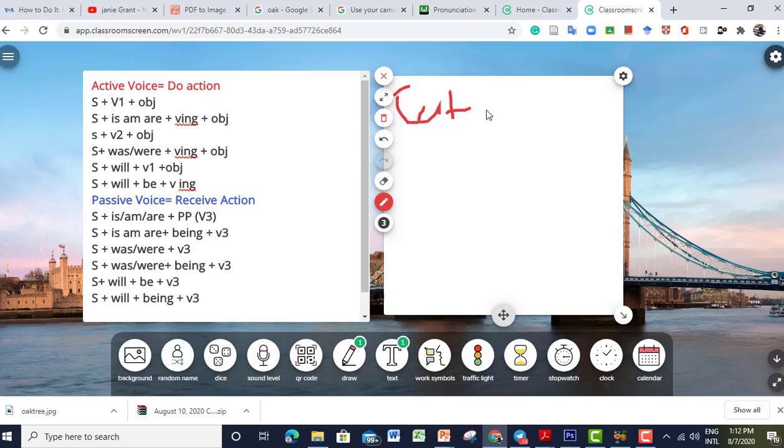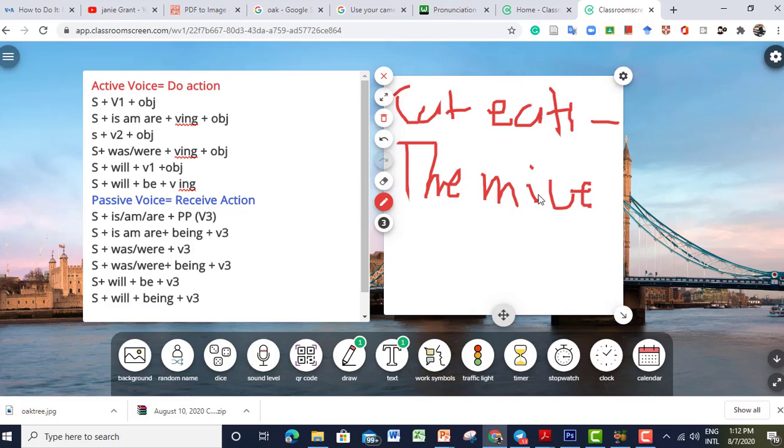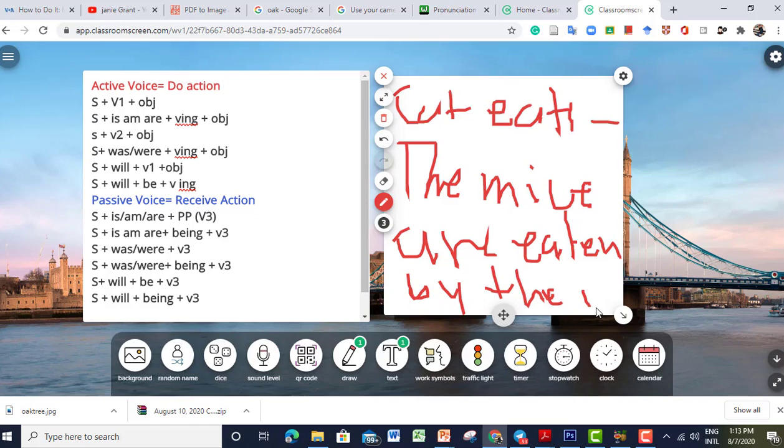We say the cat eats mice. Okay, and we can change it to: the mice are eaten by the cat. So we can change a sentence like this.